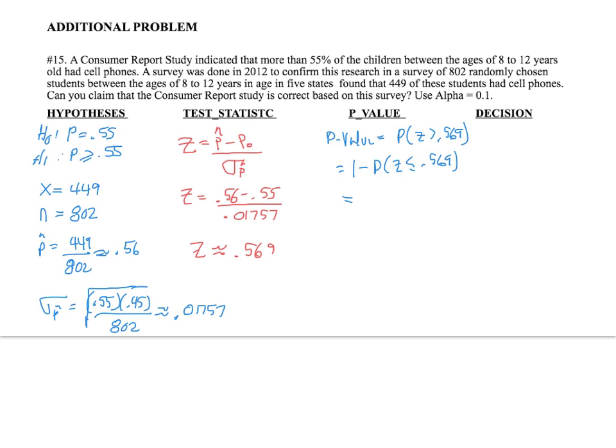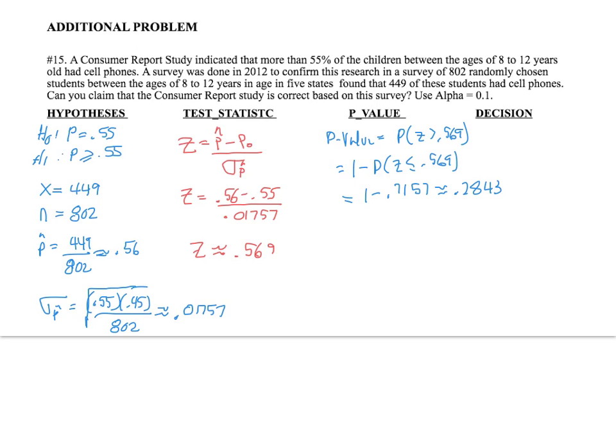And here we get approximately 1 minus 0.7157, which is 0.2843. Right? And when I use the TI-83, I get 0.2875, so I'm off a little bit when I do it by hand.